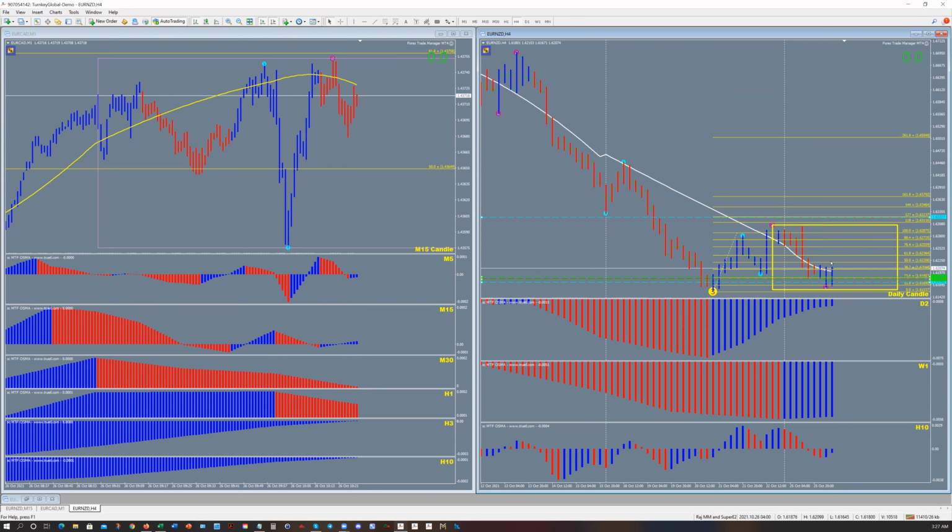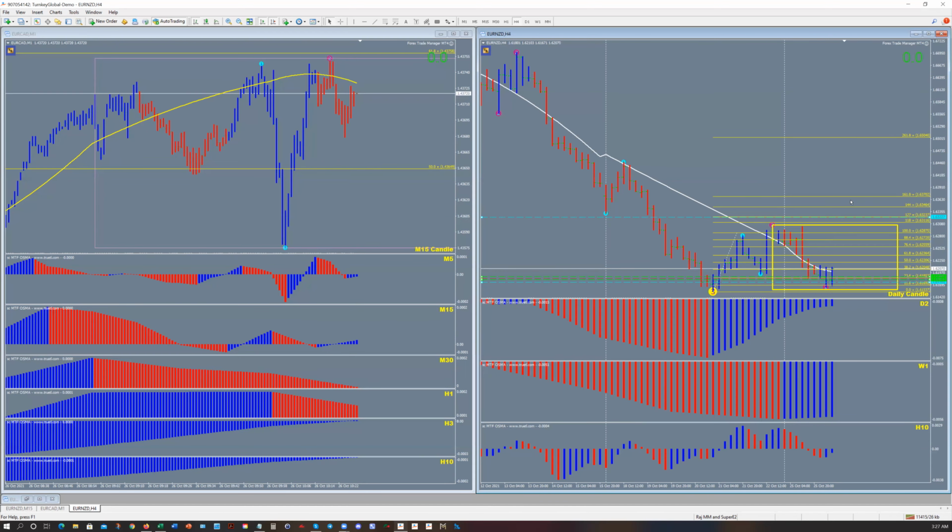This is going to come here, go here, do a one ball swing, and then go up. That's the way it works. It's not going to go straight up. Overall, you're thinking that it's going to go up, but it's going to take its time. And this may take a couple of days, may take by the end of the day, who knows? I don't know if I'm making sense, but.